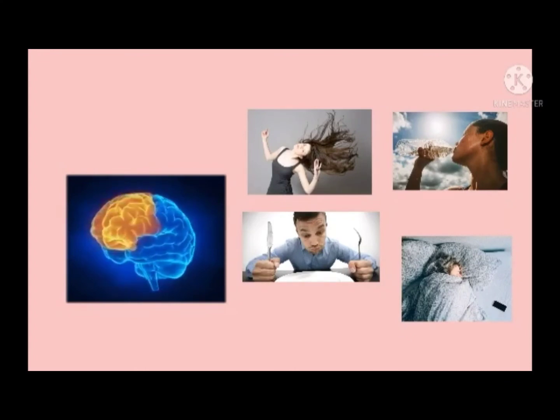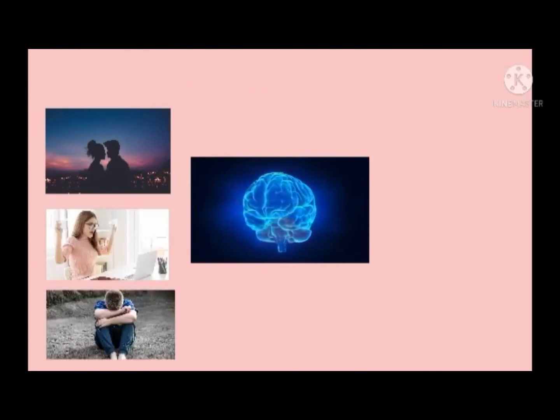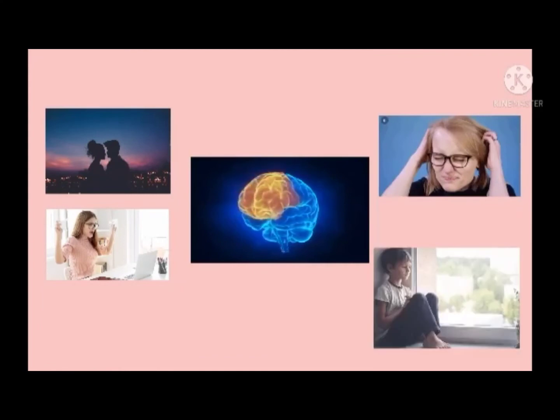Each has a role to play in maintaining the internal conditions that a human body needs to function properly. The brain controls all human emotions like love, hate, fear, anger, and sadness.